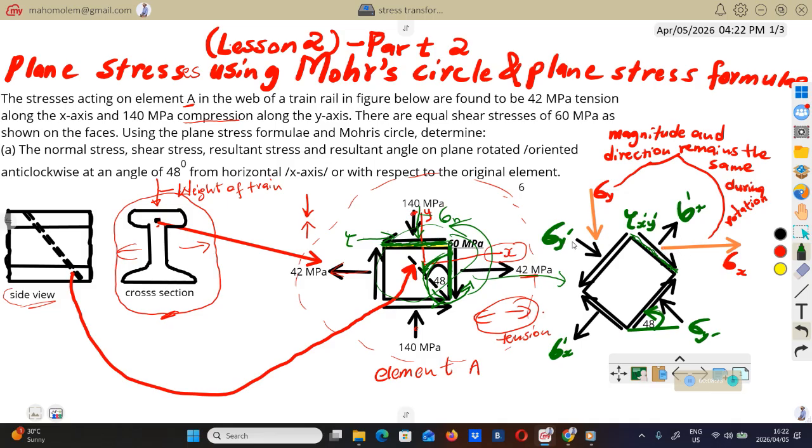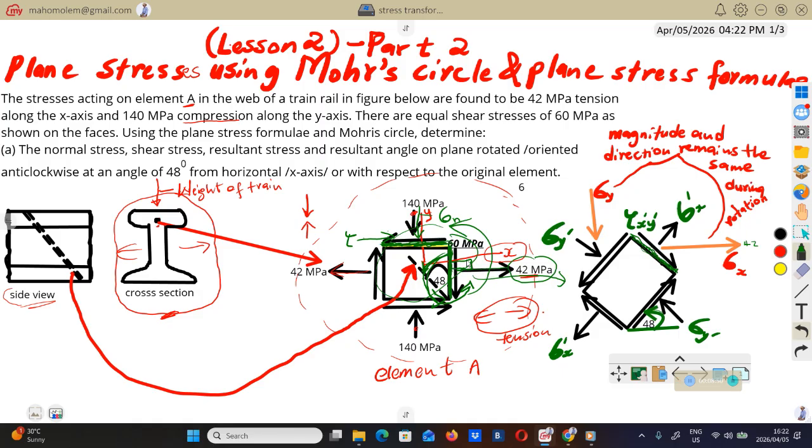So when we check this stress of 42, which is this one, it is no longer normal to this plane. Remember, when we say the stress or force is normal, it is when the force and the plane form 90 degrees.